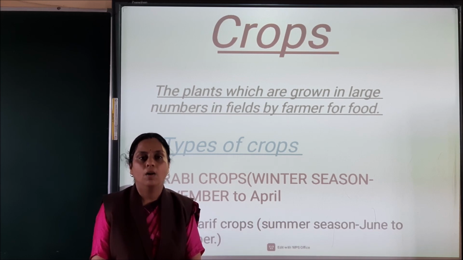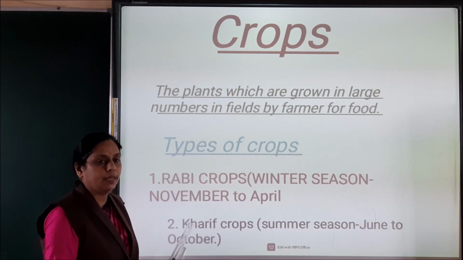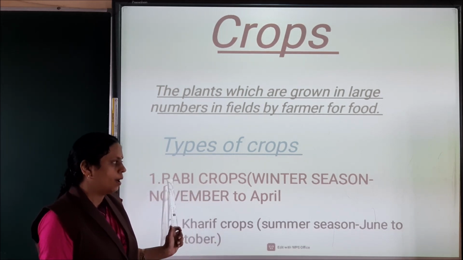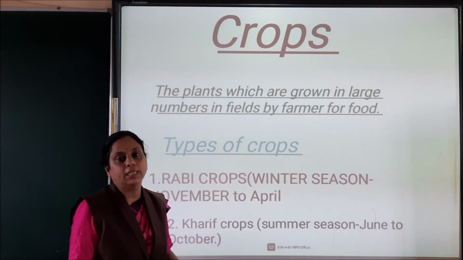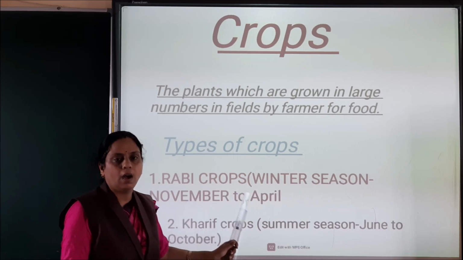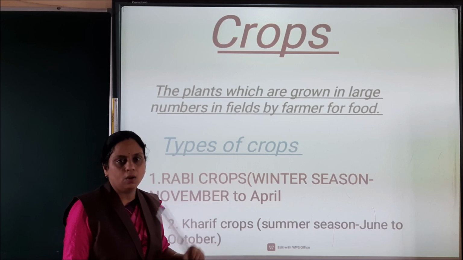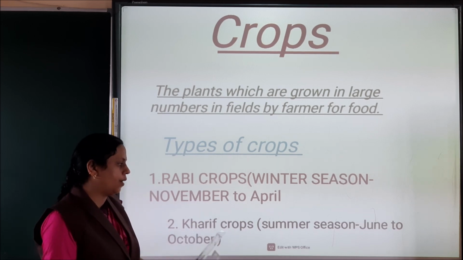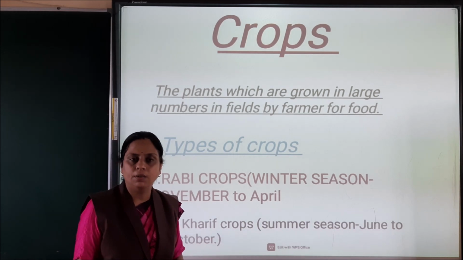That means, on the basis of the climatic condition, there are two types of crops, that are Rabi crops and the Kharif crops. Rabi crops are those crops which are grown in the winter season from the month of November to April. Second is Kharif crops.